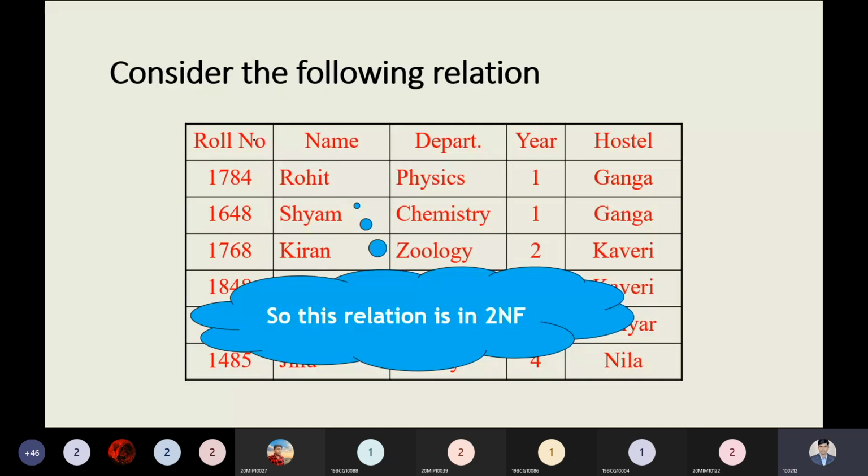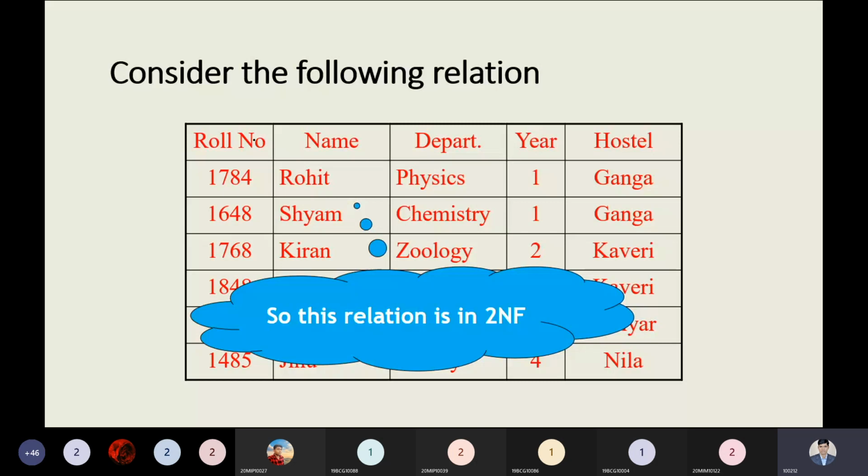The second normal form definition says the relation should be in the first normal form, and all non-key attributes should depend on the key attribute. So how can you say this relation is a part of the second normal form?